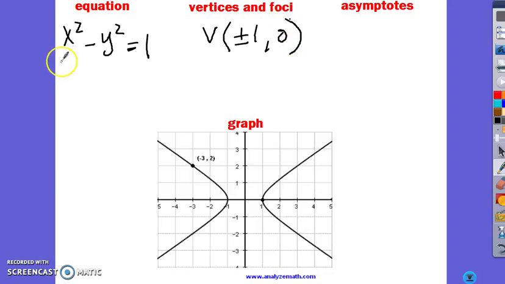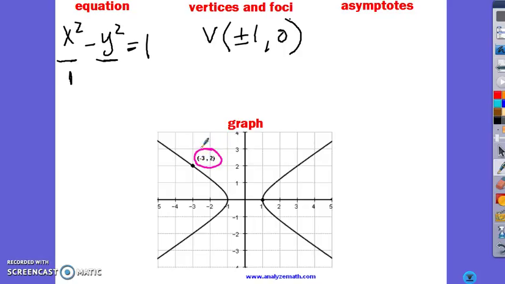But I do know that there would be a 1 squared under here, and I wish I knew what went under there, because that's the only thing I'm really missing. I need to know how tall that box is, so that I could figure out the asymptote slant. So I think the key here is going to be this information.